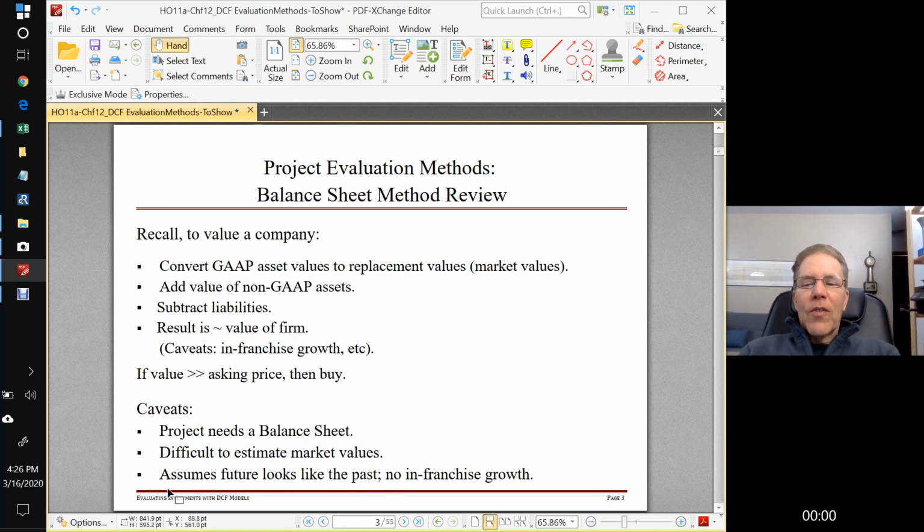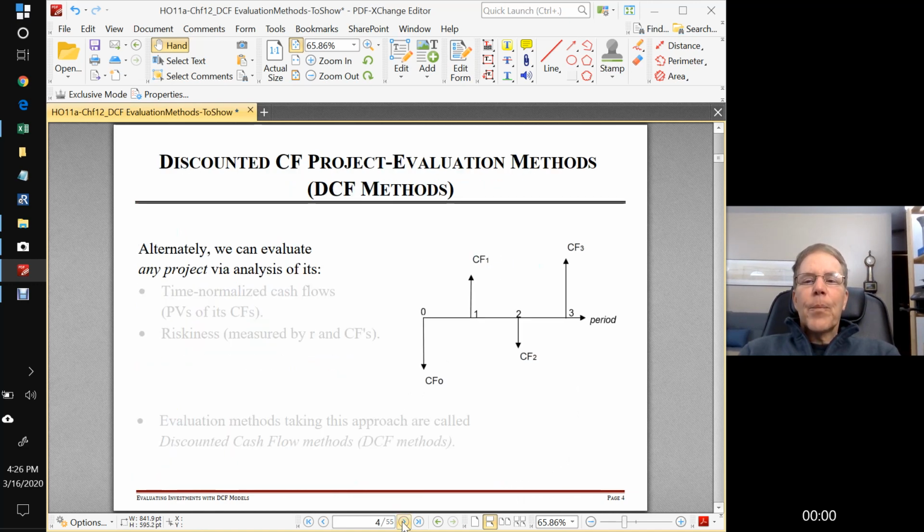And finally, with this, we're always assuming the future looks like the past, and there's no enfranchised growth and things like that. So, as I've alluded to previously, that motivates us to try and find other methods we can use to evaluate financial projects.